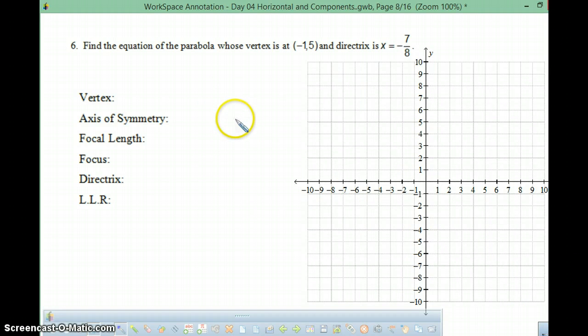Let's try this one. Find the equation of the parabola whose vertex is at -1, 5. Graphed it. Vertex is -1, 5. The directrix is at x equals -7/8. Let's find out where that is.